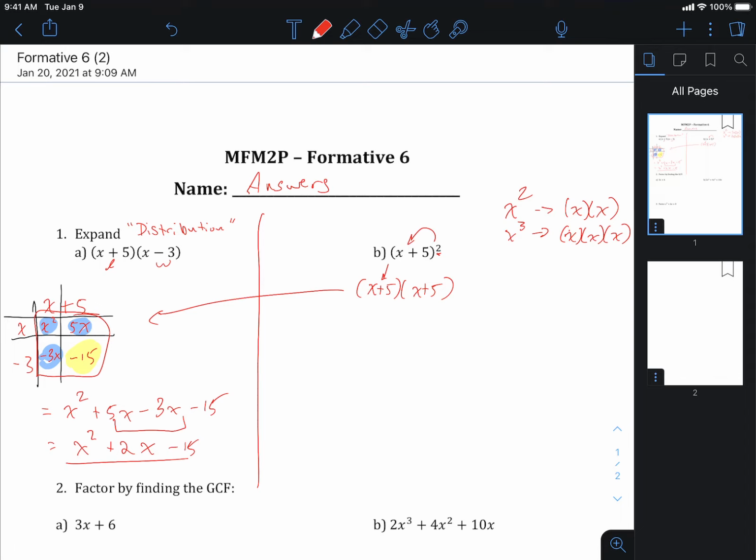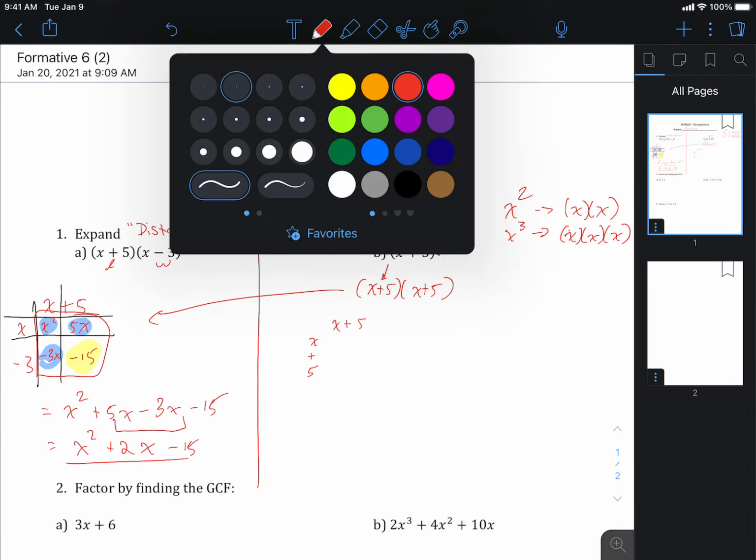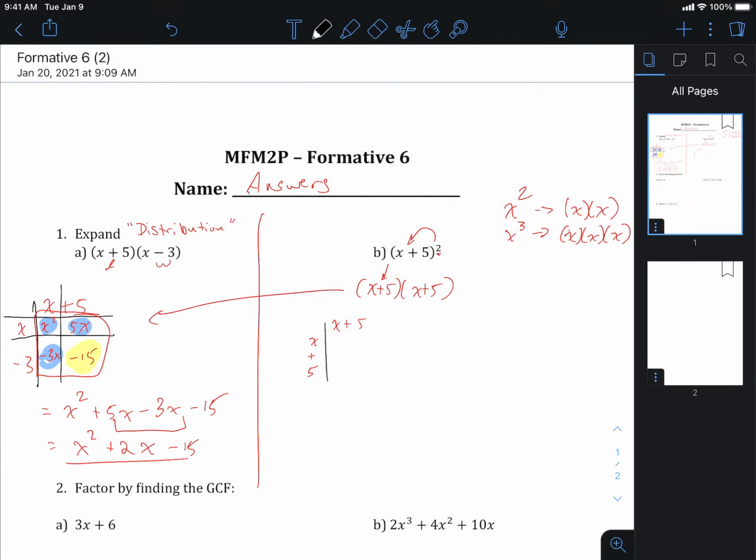So you write, okay, my length can go on top, x plus 5, and then x plus 5 can go down the side. Create your table. Okay, fill it in. X times x is x squared, 5x, 25.